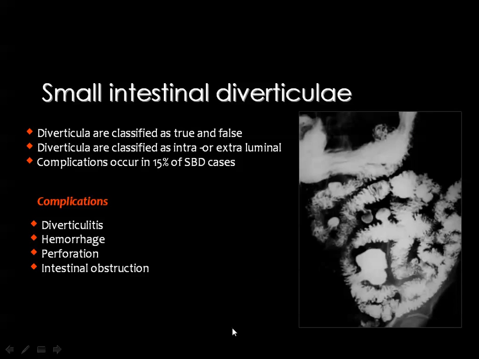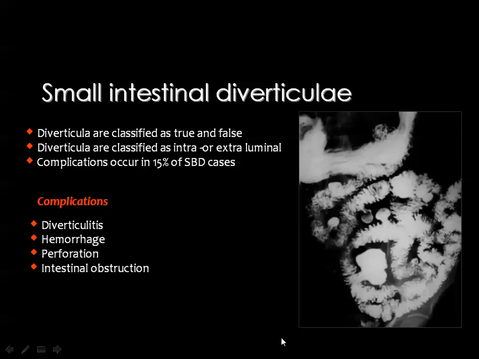Then the small intestinal diverticuli. You know the GIT diverticuli in general are either true or false diverticuli. The false diverticuli are made only of the mucosa and submucosal layers, while the true diverticuli are made of the whole layers of the gut wall.